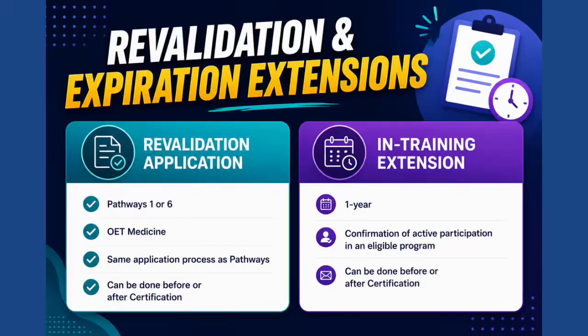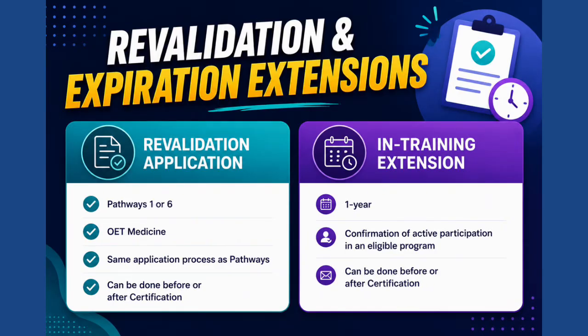You have multiple options. Number 1, revalidation application. You have to do everything from scratch, meaning you have to apply for one of the pathways and you have to take OET Medicine. So remember, as I said previously, OET is just valid for 2 years.